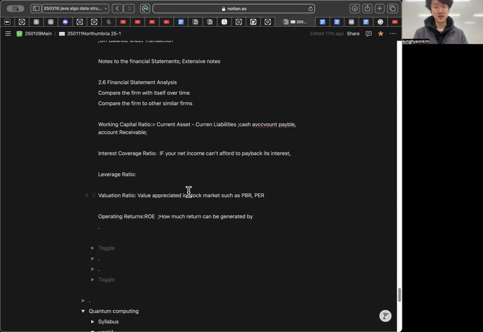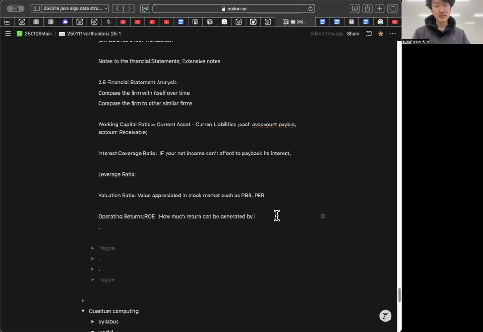And for valuation ratios, we already talked about PER and PBR. PER we can interpret in two ways. One way is price equals EPS multiplied by PER. So we can think that every variable that affects price is in PER: economic variables, industry variables, company level variables, and team level and personal level variables.